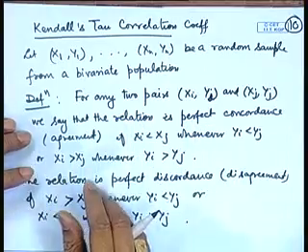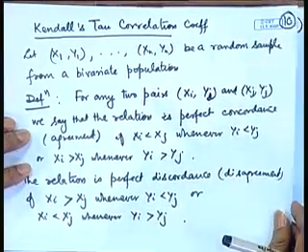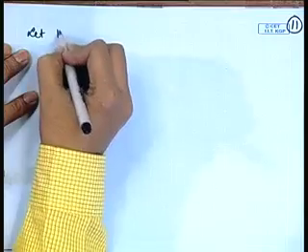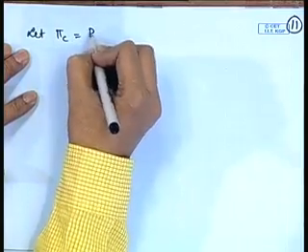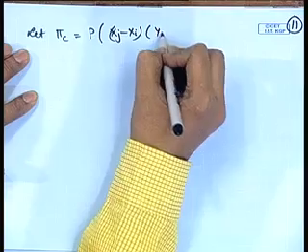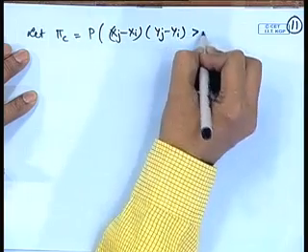So, like the ranks, this concordance or discordance also gives some indication of the kind of relationship that they are having. So, we create a measure of the concordance or discordance based on the following. Let us define pi c is equal to probability of (xj minus xi) into (yj minus yi) greater than 0.